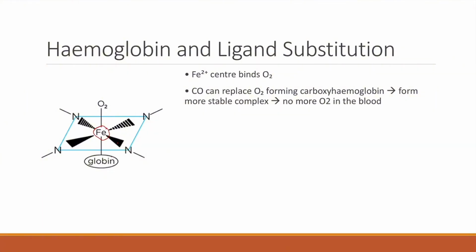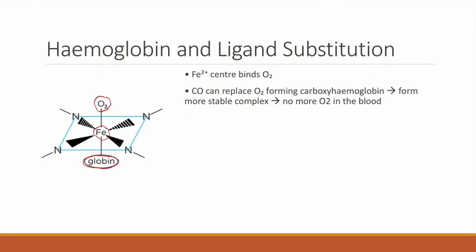One of these will come from another protein called globin, and then the sixth one will come either from oxygen or from water. So the oxygen can form a coordination bond with the iron in the hemoglobin, and it can be transferred around the body. It will give the oxygen to the tissues, and then this is going to be substituted by water molecules.